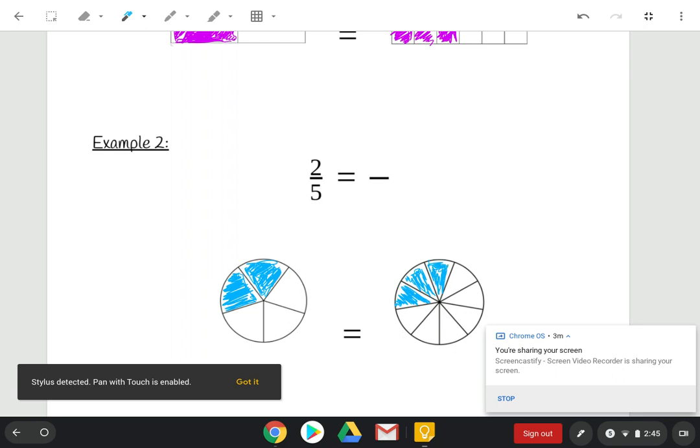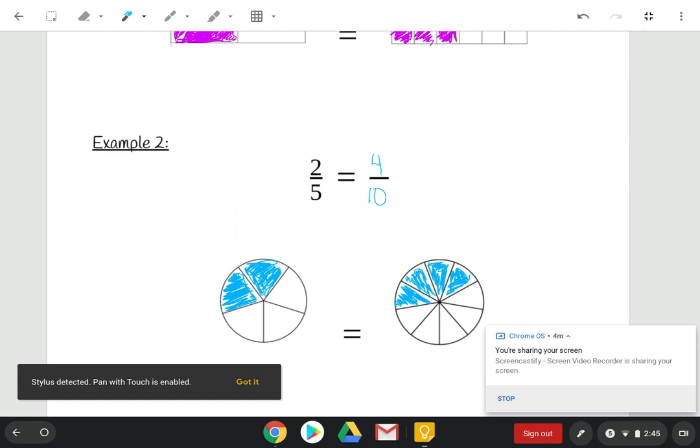Almost there. And I know it's not shaded in perfectly, but I don't have a whole lot of time. All right, so notice we have shaded in 4 sections out of 1, 2, 3, 4, 5, 6, 7, 8, 9, 10 total.